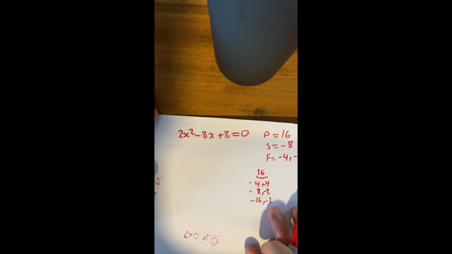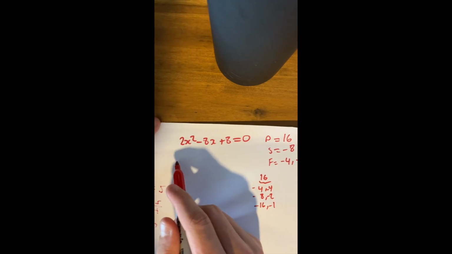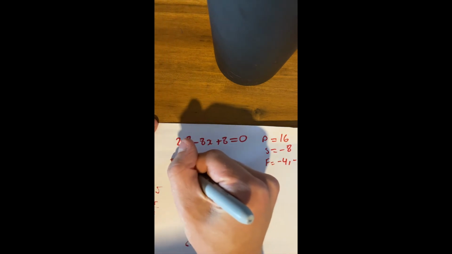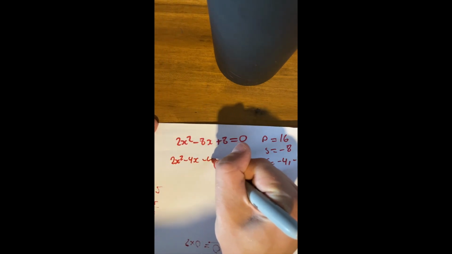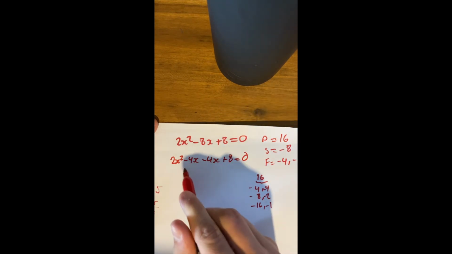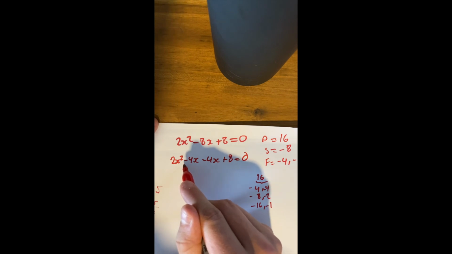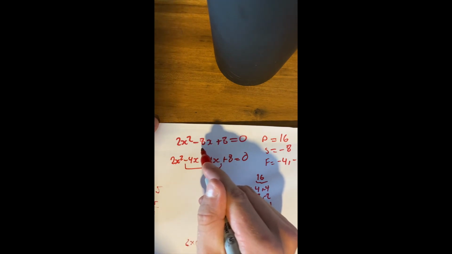So now, like last time, using these factors, we split this quadratic equation up into two parts. So 2x squared minus 4x minus 4x plus 8 equals 0. And now we can see that simply this part here equals the -8x.